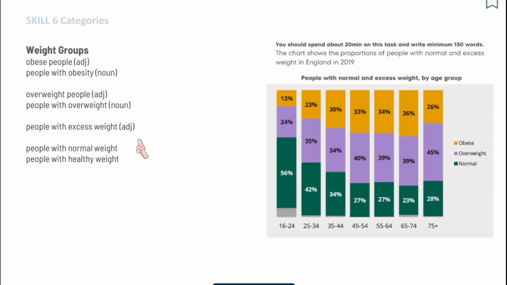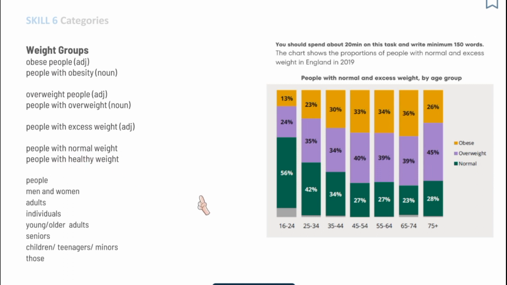And when we refer to normal weight, the green in our graph, we can say people with normal weight or people with healthy weight. And again, we don't have to use word people all the time. We can replace it with men and women, adults, individuals, young, older adults, seniors, children, and those.